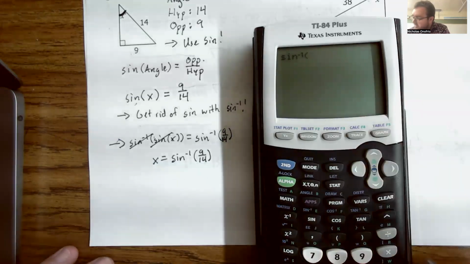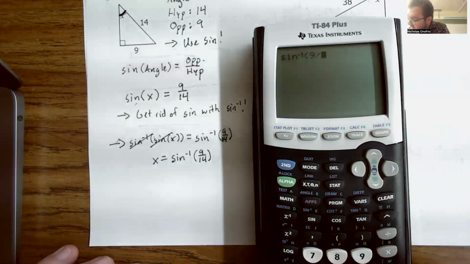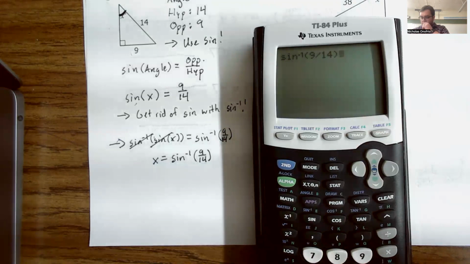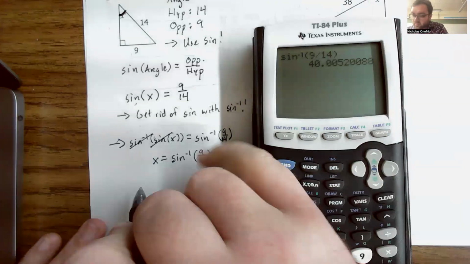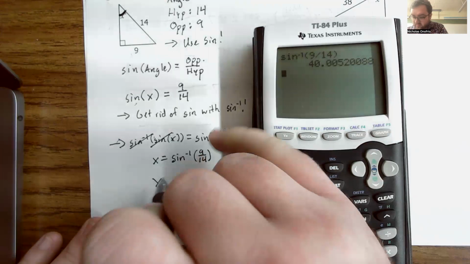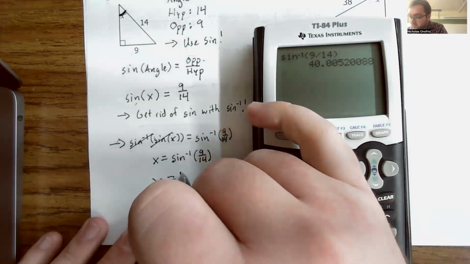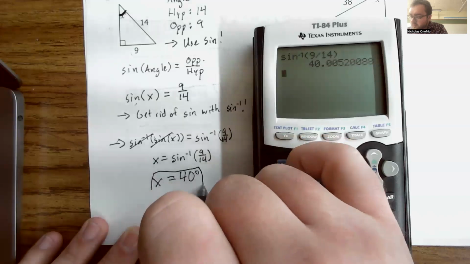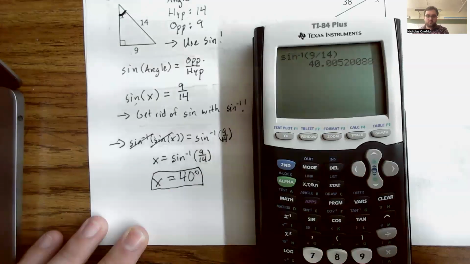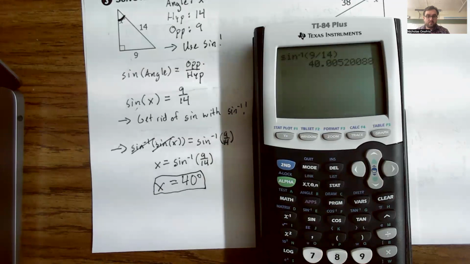Then type in your fraction, 9 divided by 14. Hit the equal sign, and there you go. You've got your answer. So for our first problem, x is equal to 40 degrees. And that's all we're doing here.